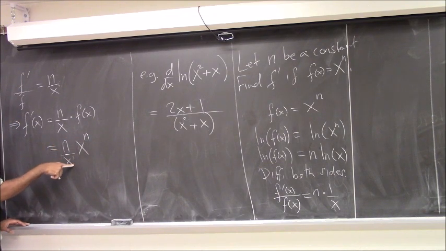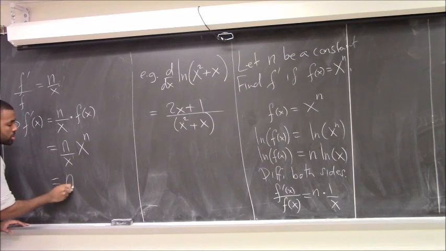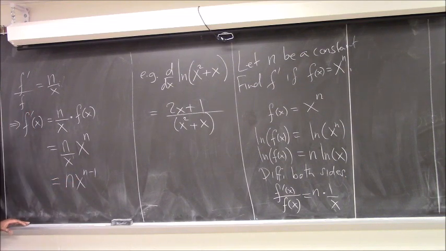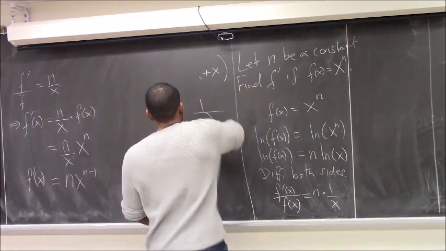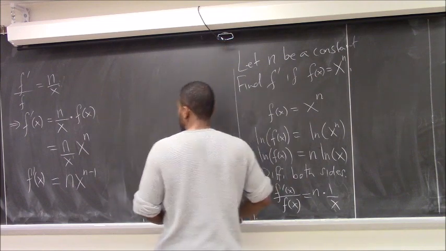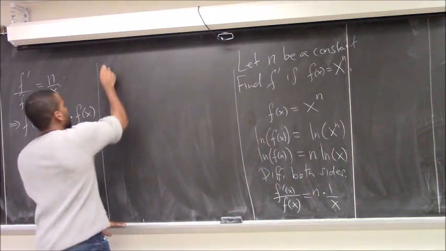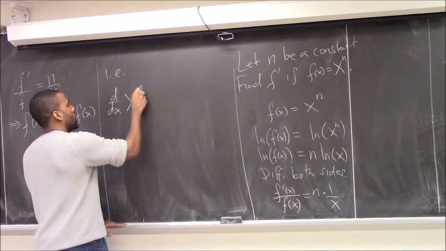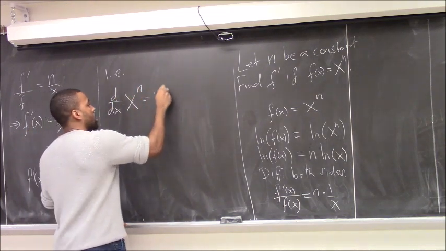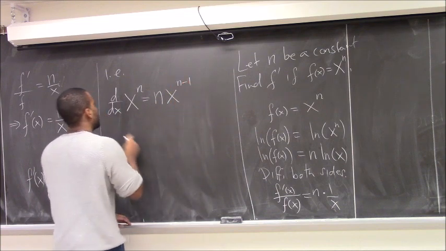This is x to the n divided by x to the 1, so overall it becomes x to the n minus 1. That gives us the power rule. No matter what the power is, the derivative of x to a constant power is nx to the n minus 1.